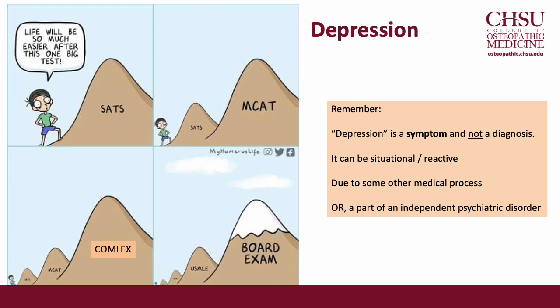Sometimes feeling depressed can be due to some other medical process. We commonly think of hypothyroidism, endocrine issues, and perhaps difficulty with breathing or cardiovascular problems as being associated with depressed mood. There's also tremendous overlap between patients with neurologic disorders, such as stroke survivors. Depression can also be part of some other psychiatric disorder.